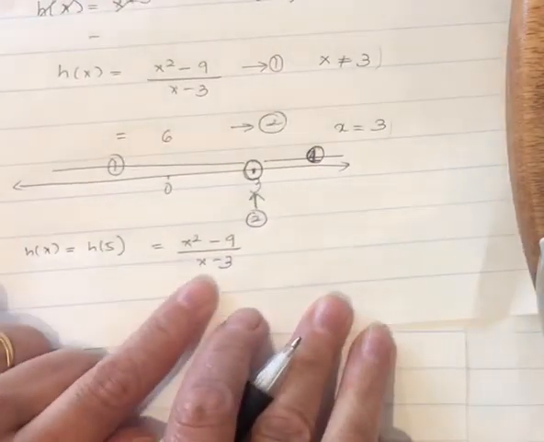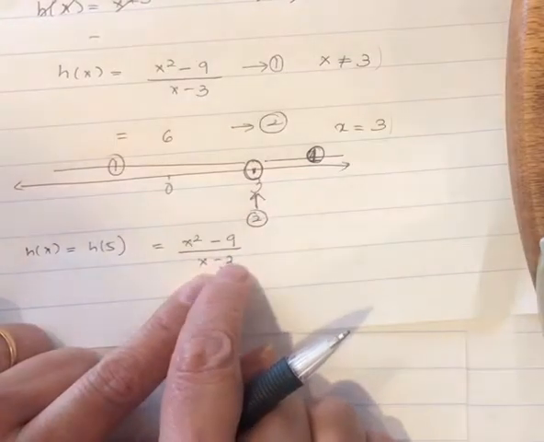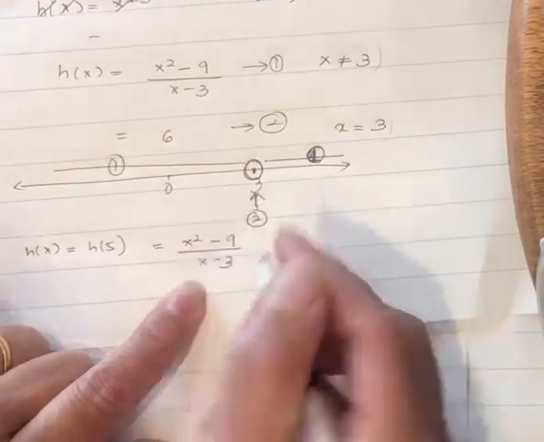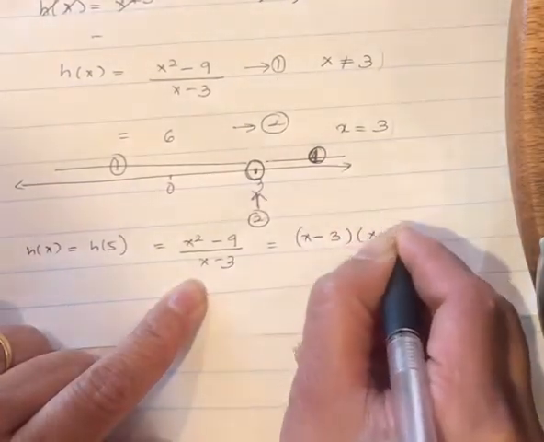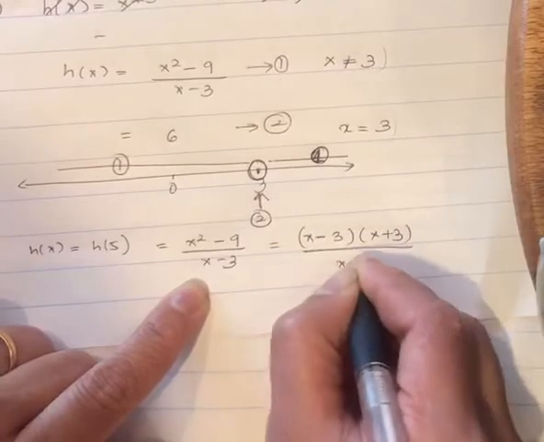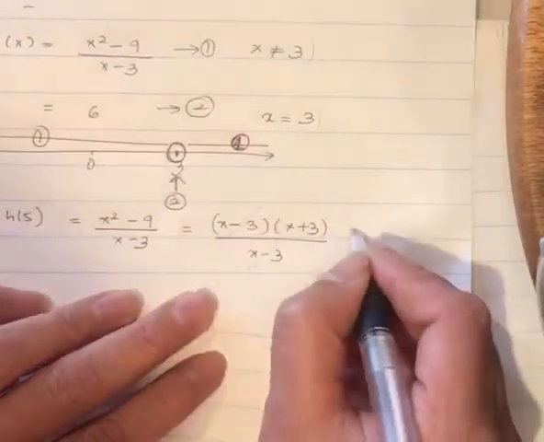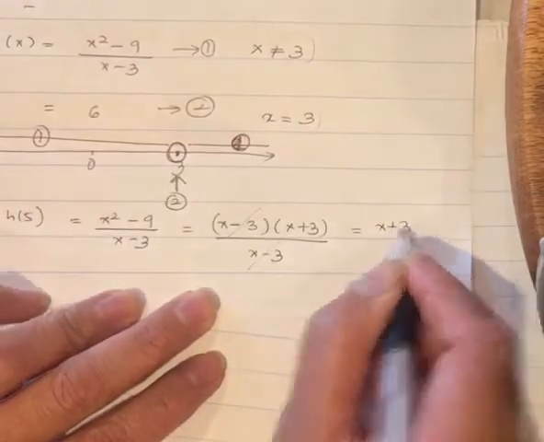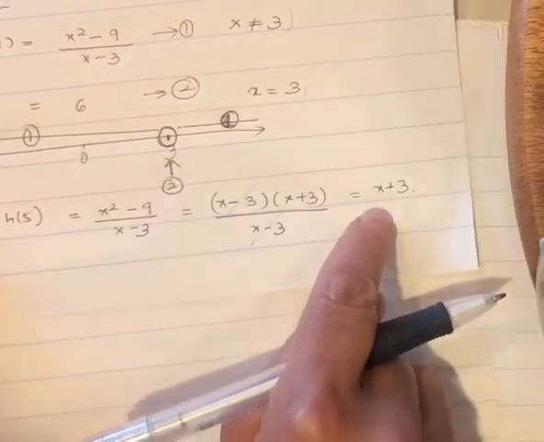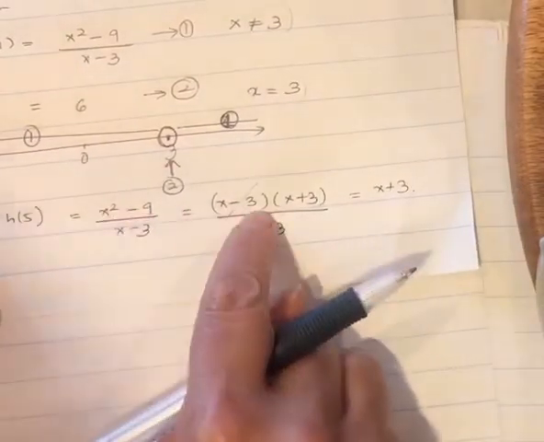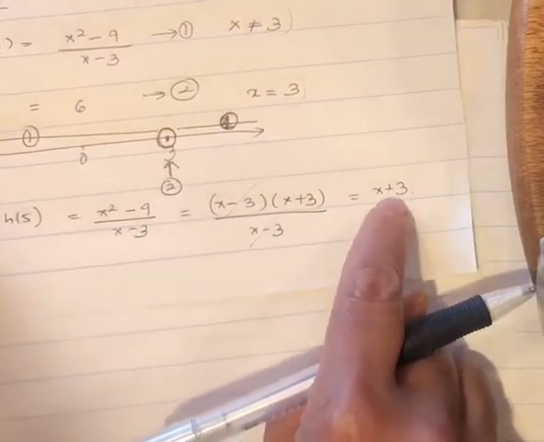Now, going back to your algebra days, you know that the numerator can be factorized as x minus 3 times x plus 3, divided by x minus 3. Therefore, you can cancel this with this, and it comes out to be x plus 3. You have been able to simplify the equation to just x plus 3.